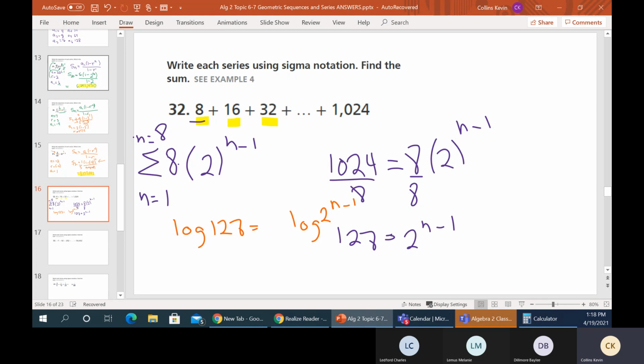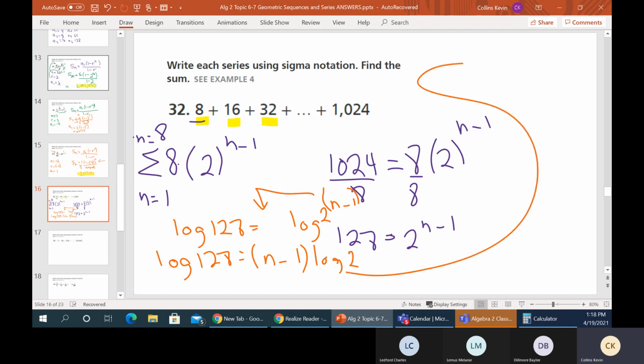Now remember, the deal with the logs is we can turn this into a regular thing by putting the exponent out front, right? So then we're going to have log of 128 equals n minus 1 times the log of 2.